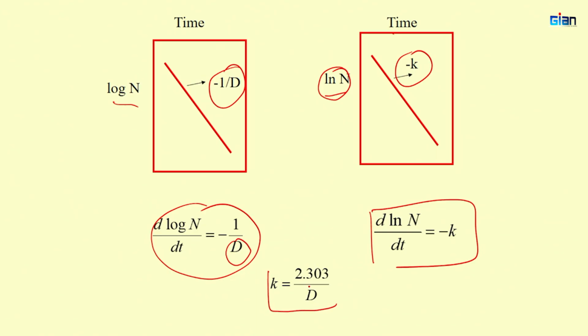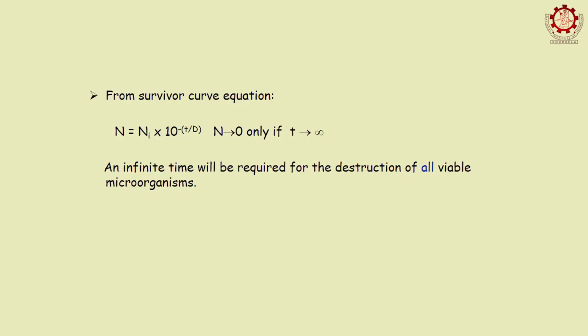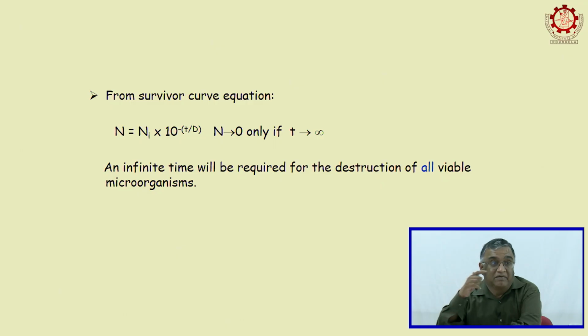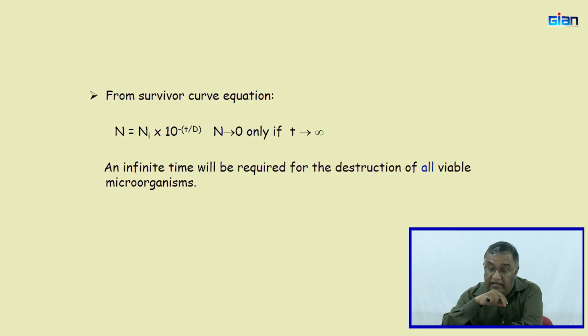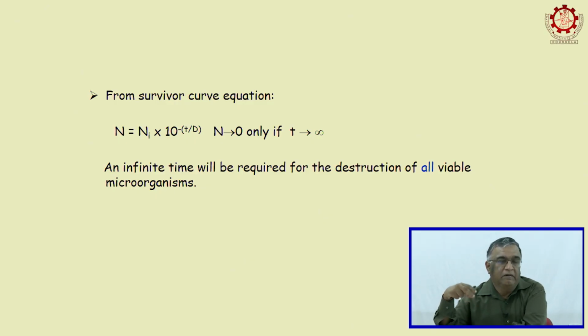And then these are the interrelationships between how the k and D are related. So by extension of this concept, you can say how many log reductions, and how much time it takes to get complete inactivation. So let's say you have a processed food.